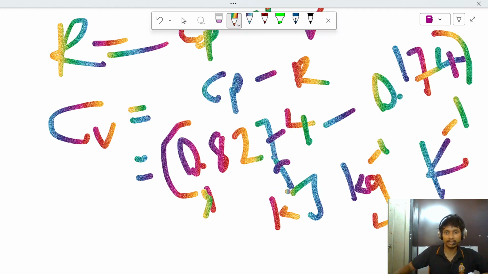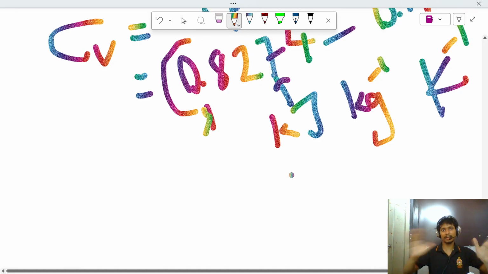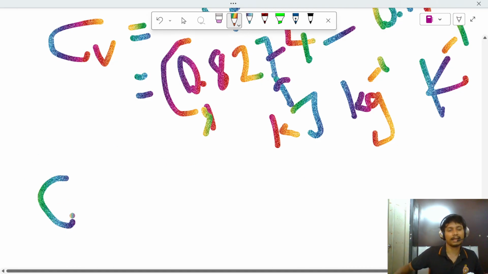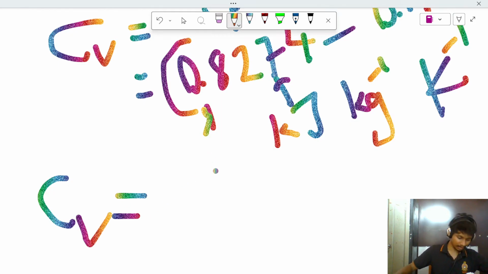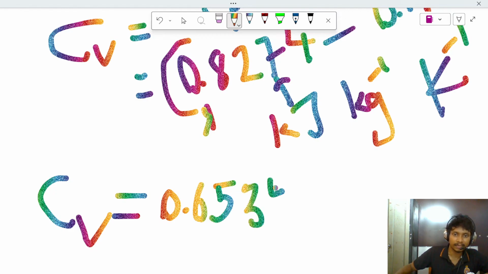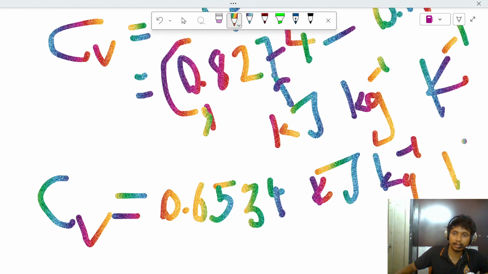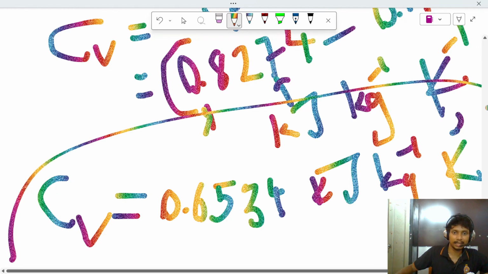Cp is 0.8274 and R is 0.174 in the same unit, so we can calculate. Now Cv will be 0.6534 kilojoule kilogram minus 1 Kelvin minus 1. This is the final answer.